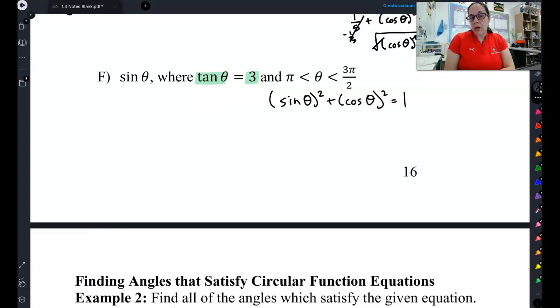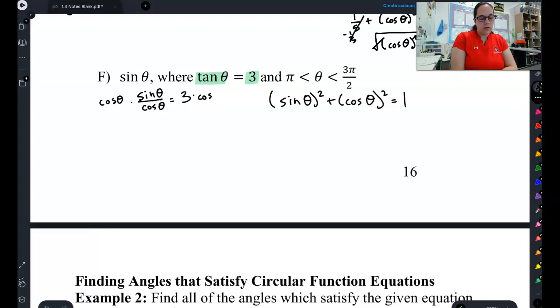So instead I'm going to use the quotient identity, change tangent to sine of theta over cosine of theta, and then I'm going to times by cosine of theta to get it out of the denominator. And I get sine of theta equals 3 cosine of theta.